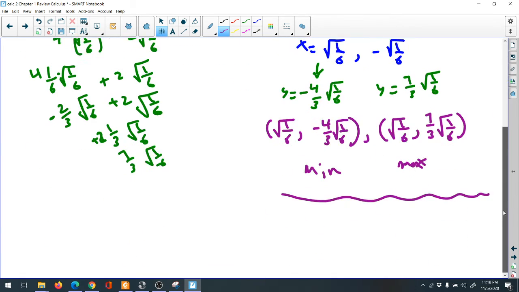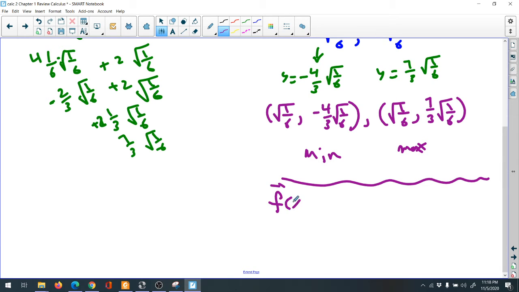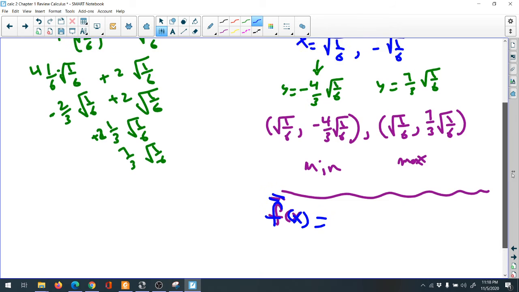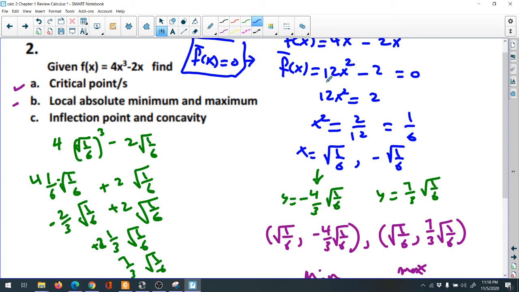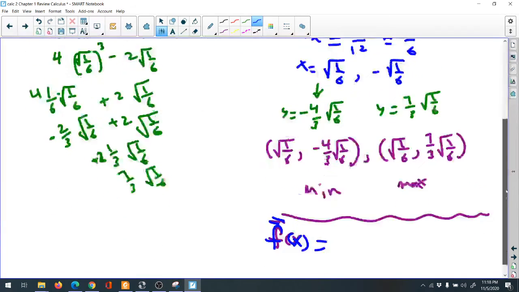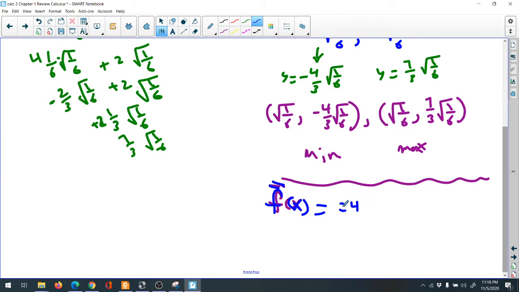So the second derivative is 24x. Then you equal it to 0. 24x equals 0. Then x equals 0. To find y, just plug it into the original function.